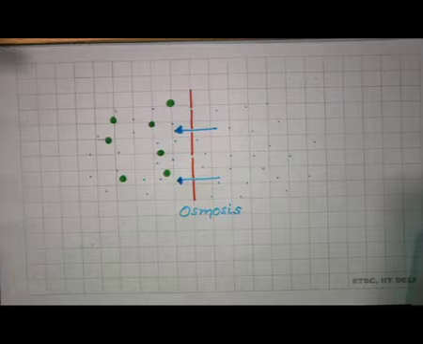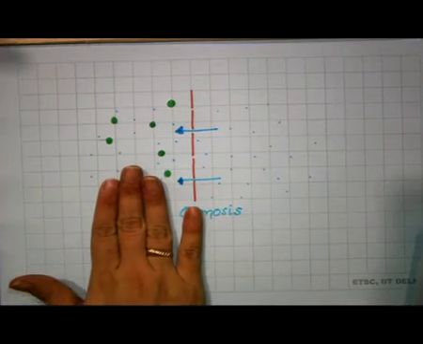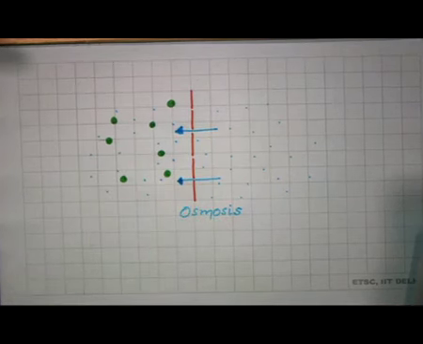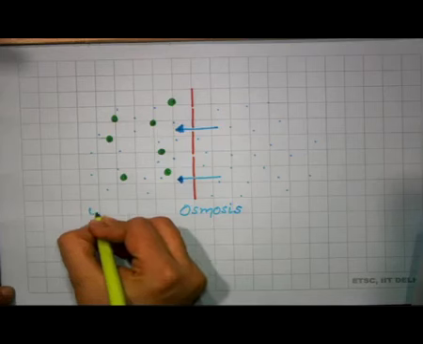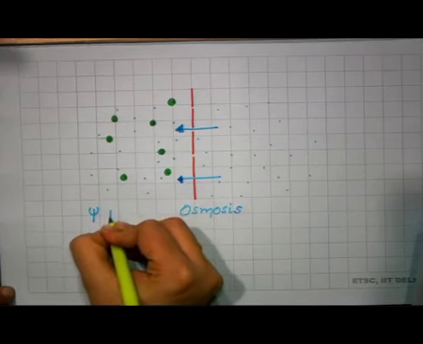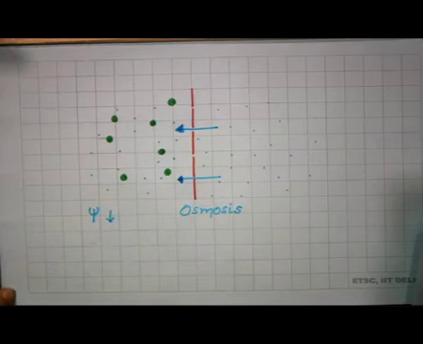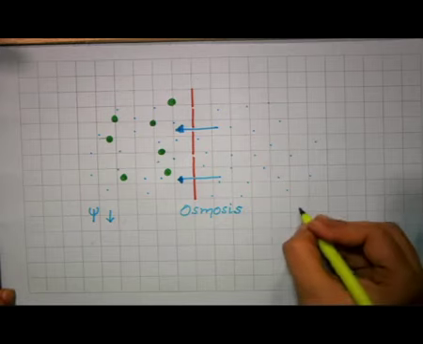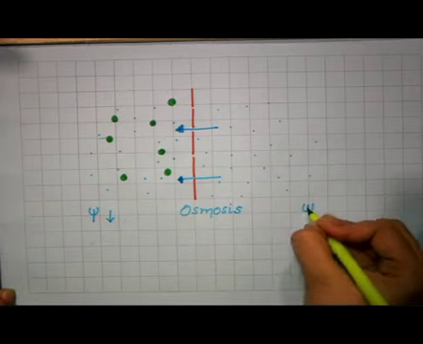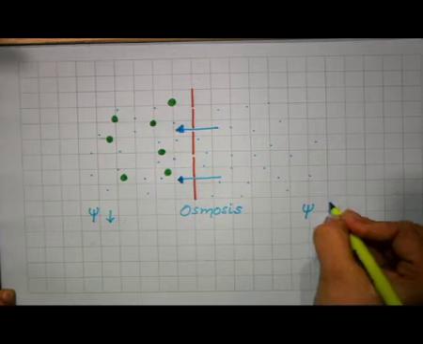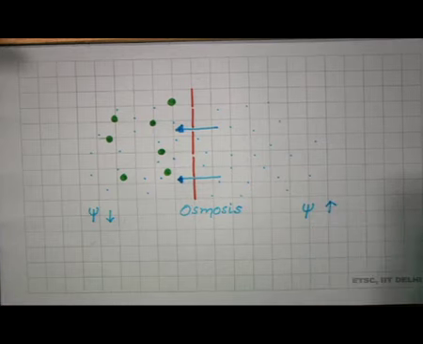If we want to see it in terms of water potential, let us see what is happening here. Because of the presence of the solute particles here, the water potential here has become lower. That means it has decreased. But since there was no solute present here, the water potential is high here.